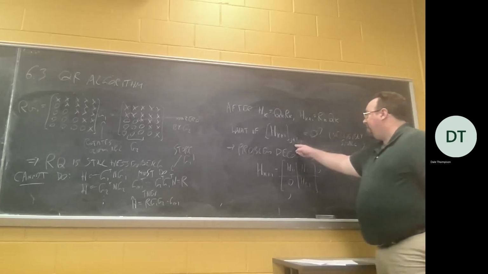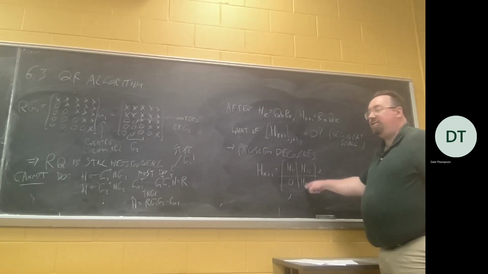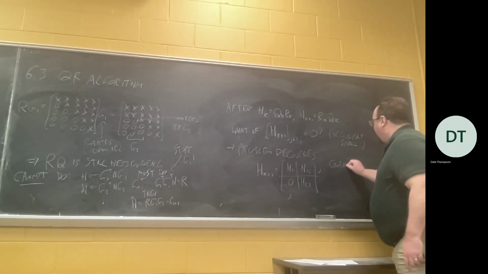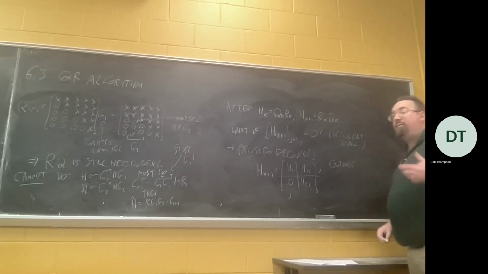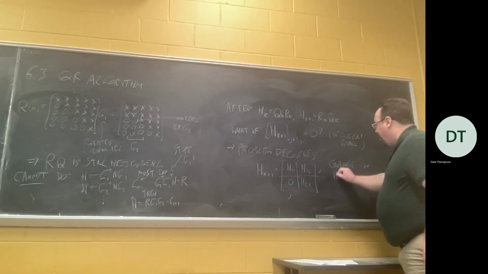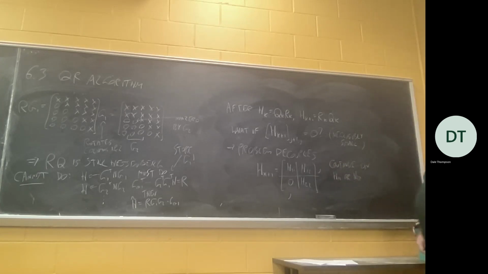And because of this one subdiagonal entry being 0, now you can focus on these two matrices independently. So you no longer have to apply QR iteration to the whole matrix. You can continue QR iteration on H11 or H22. For instance, you could focus on H11, make it quasi upper triangular, then turn all your attention to H22.